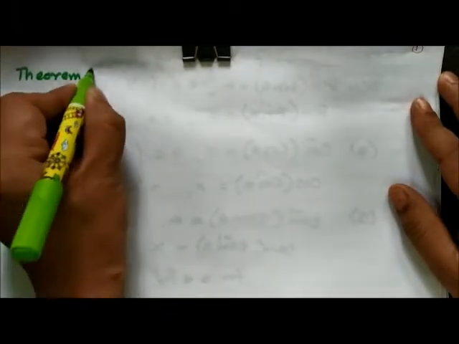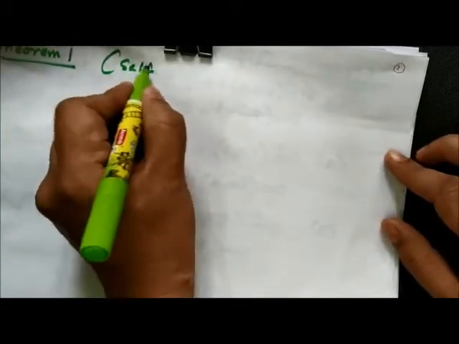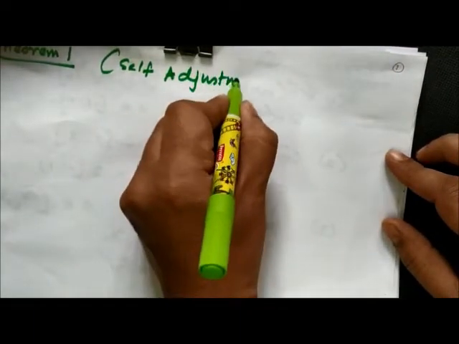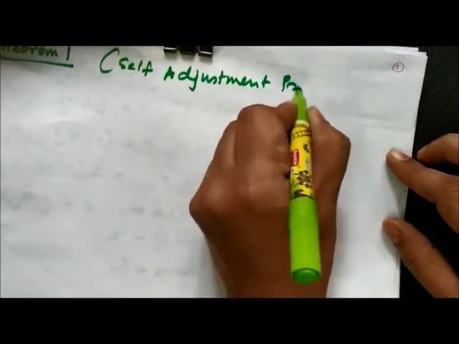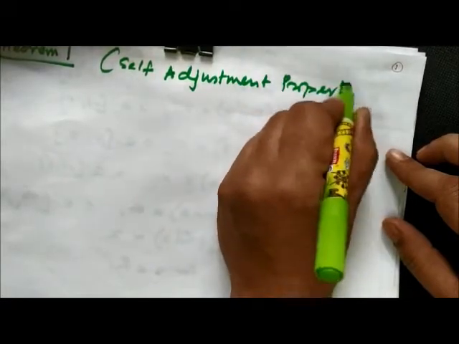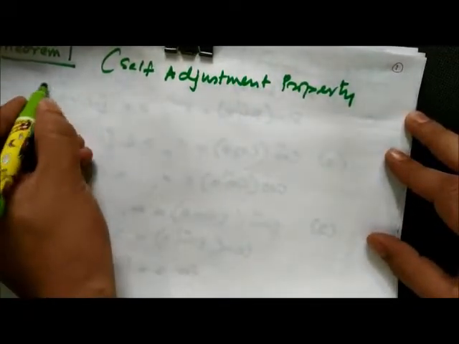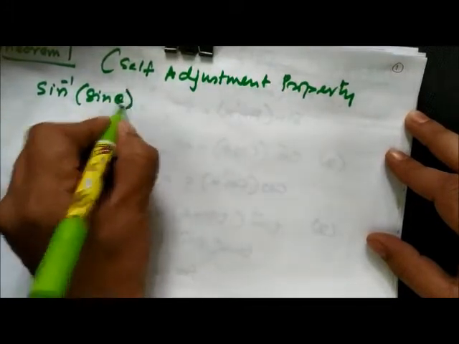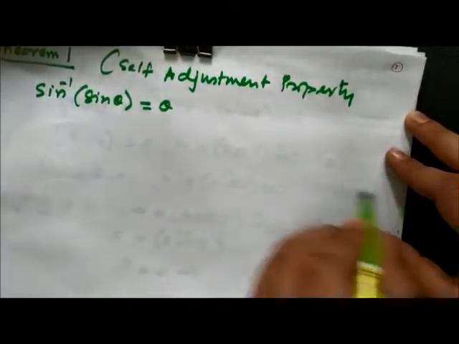The first property in the form of theorem, theorem 1, which is also known as self-adjustment property. It says sine inverse of sine theta equals theta.